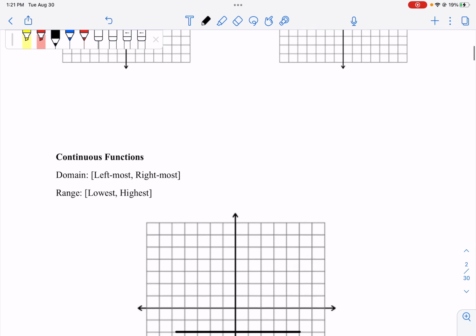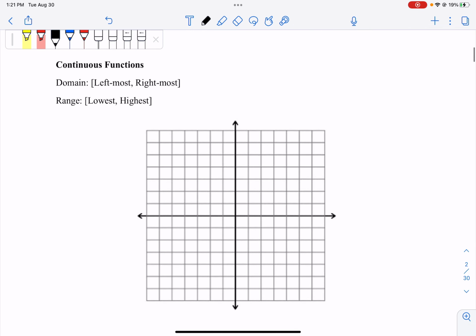Now, let's go ahead and look at what a continuous function domain and range looks like. So let's say I have a line over here, and we've learned this in the 10th grade before, but I'll go through it again. Domain refers to the x-axis points, the leftmost and rightmost x-axis points. So if I look at the domain, it'll tell me, what is my leftmost x value?